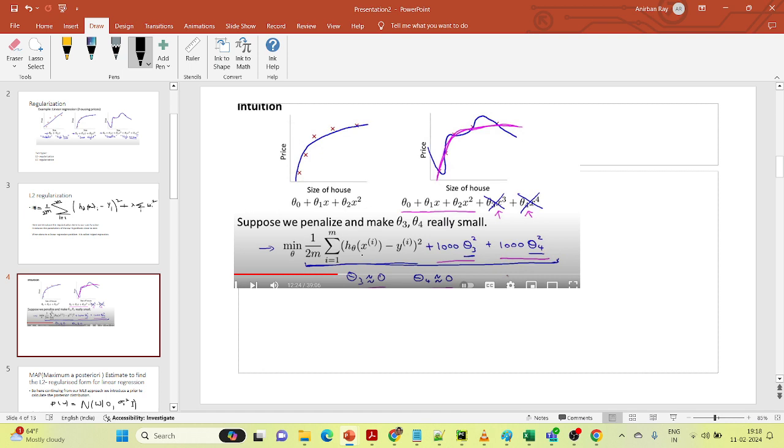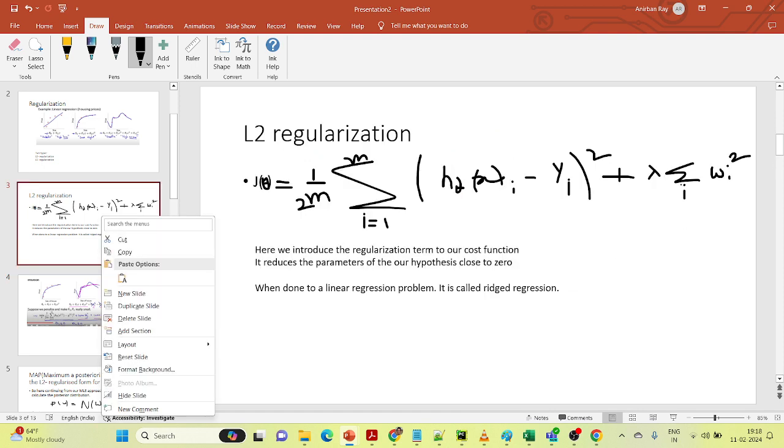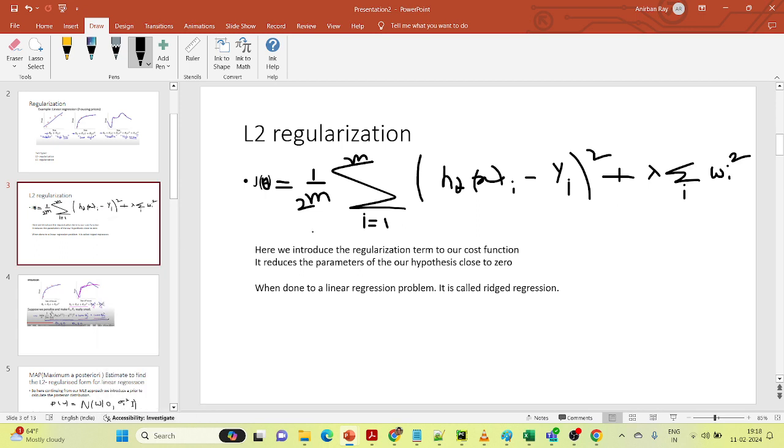So this is the idea actually, that theta 3 and theta 4 will become very small if we add some extra values here. If we add this value, he has defined it as theta, we are doing it with w here, so a few w's will be very small, close to zero.